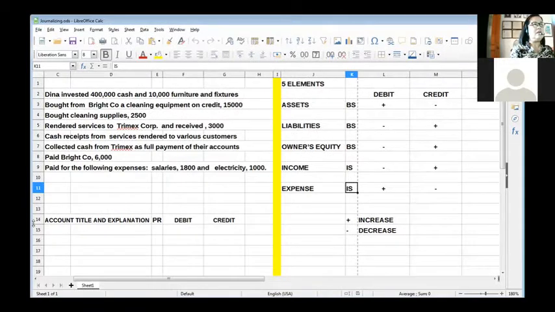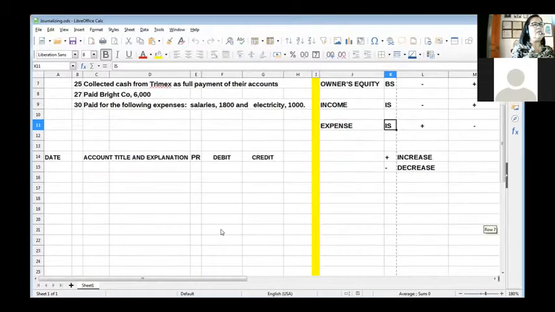So class, I have here a journal, a general journal. You have your date, your account title, your post reference, your debit and your credit. This is an example of a journal. If you are meeting face to face, I will require you to bring the journal form, which you can buy at National Bookstore and any other supply store.